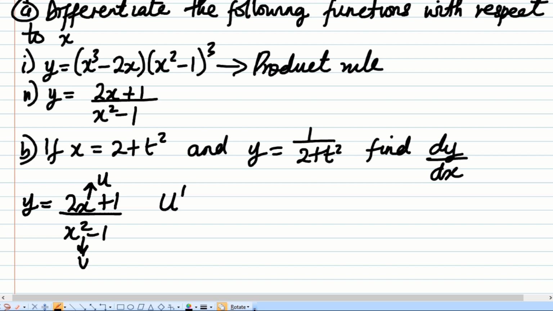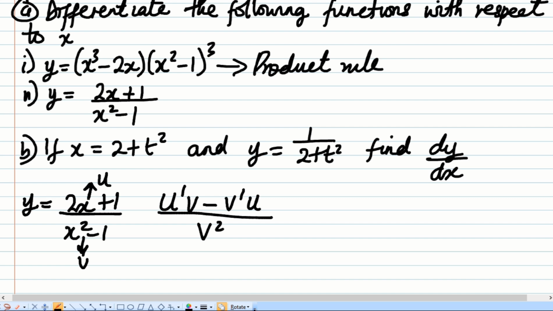So u prime multiplied by v minus v prime multiplied by u, divided by v squared. Now notice the similarity between the quotient rule and the product rule. Instead of plus, we now have minus, and then we are also going to divide by v squared. That's the only difference.